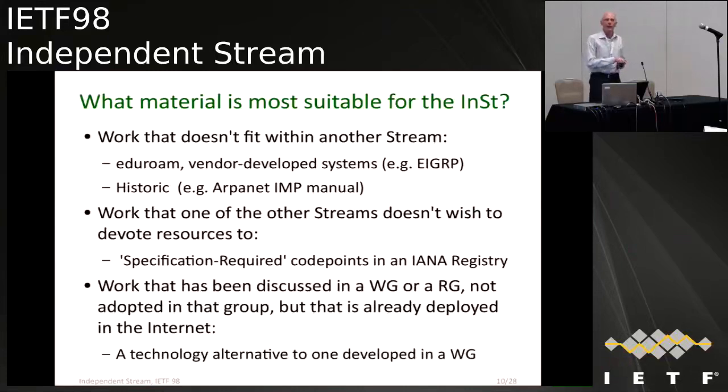So I had a rather long document spelling out in great detail exactly how it worked, and that was a nice candidate for the independent stream. It's a bit late now for people to be doing independent implementations of EIGRP, but should they want to, now they can. And there are quite a number of other vendor-specific systems where I've published documents so that other people can implement and use them.